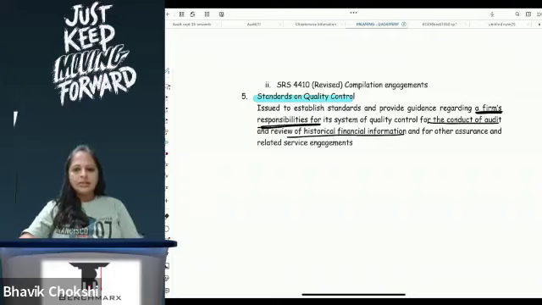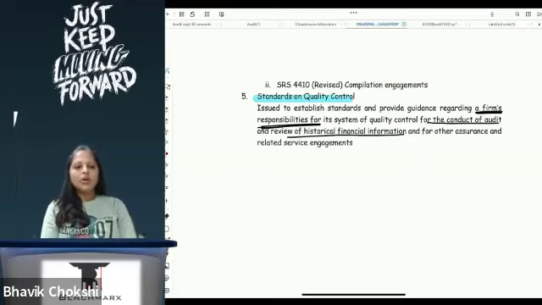And in SQC write down quality control dash firm's responsibility to maintain, with a different color pen write down quality of policies and procedures.